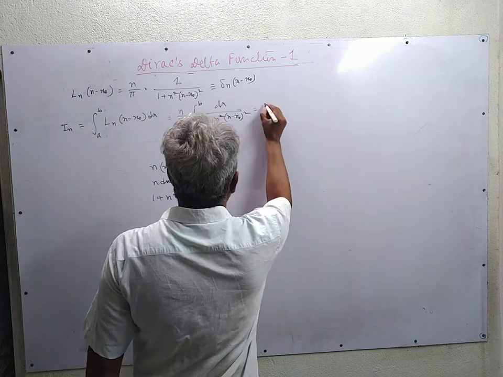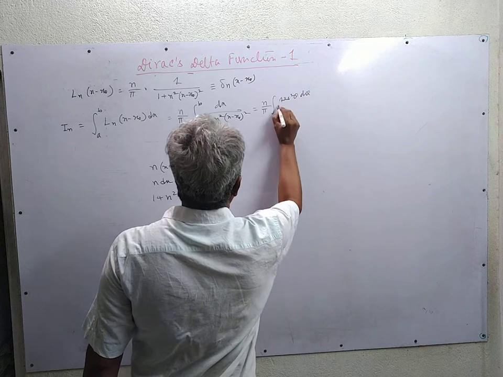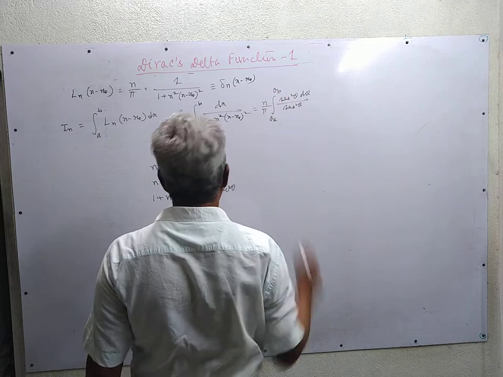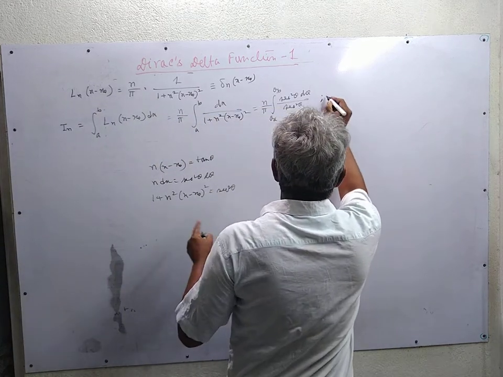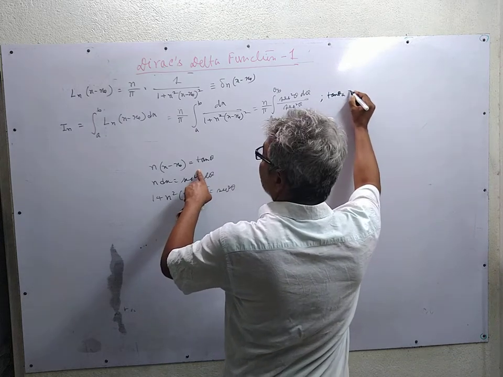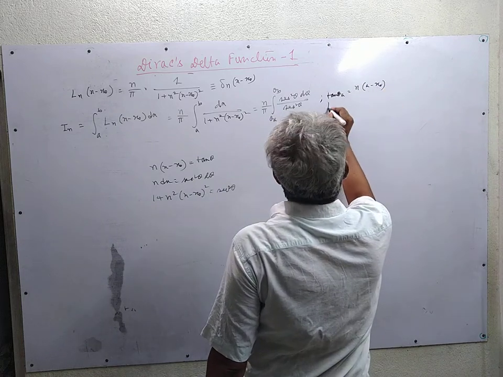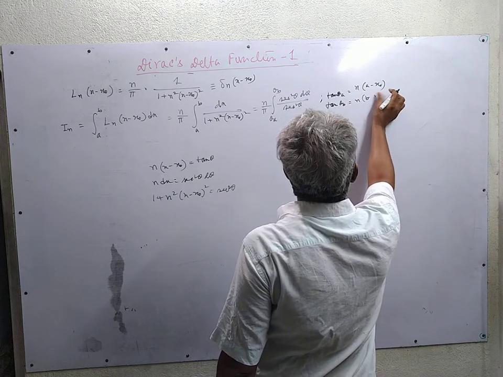So this becomes n by pi, sec square theta d theta by sec square theta, integrated from theta a to theta b, where theta a is defined as tan of theta a equal to n(a minus x0), and tan of theta b is n(b minus x0).